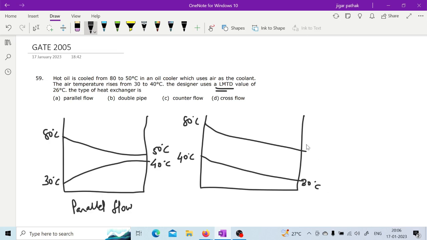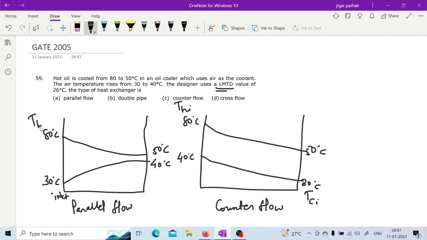To 50, right? It will be counter flow. Because here it is inlet temperature for both, while here it is TCI and here it is THI.